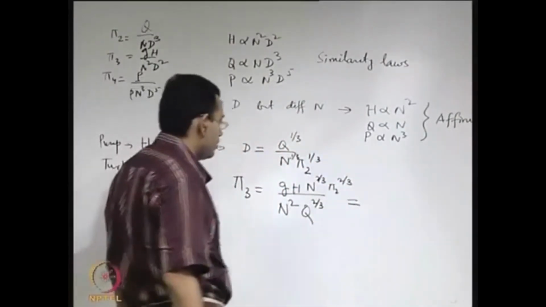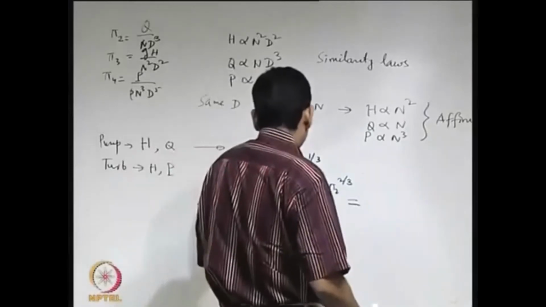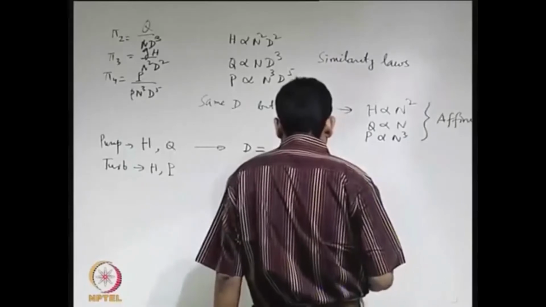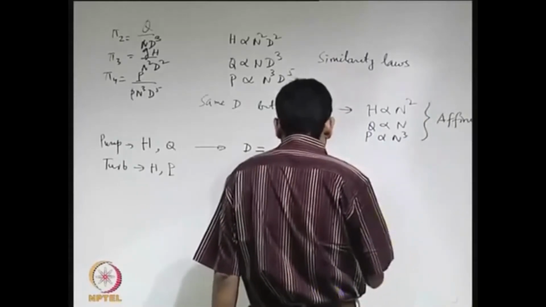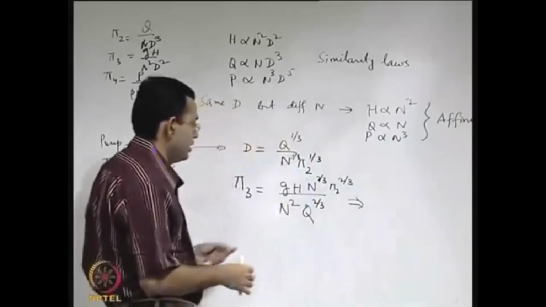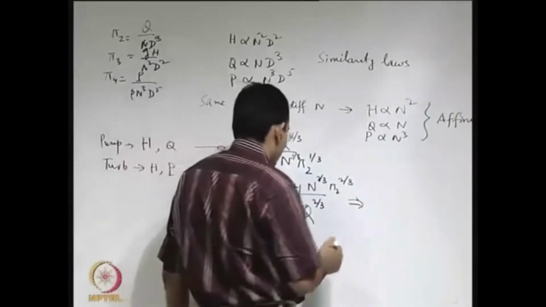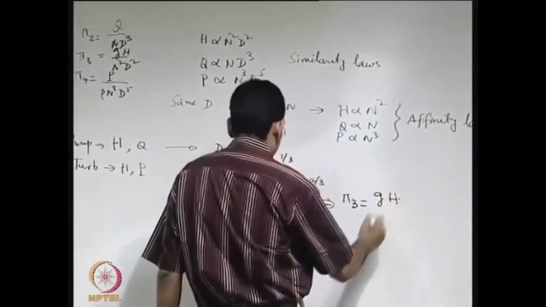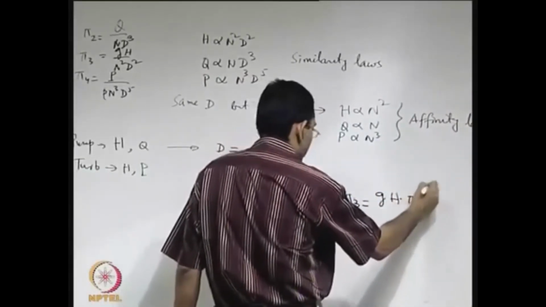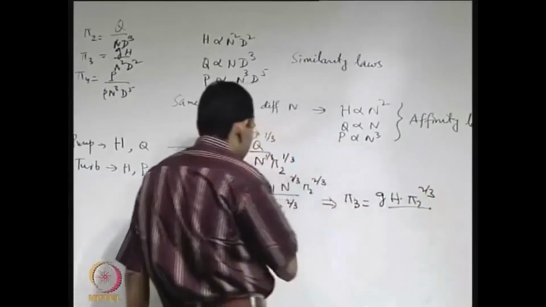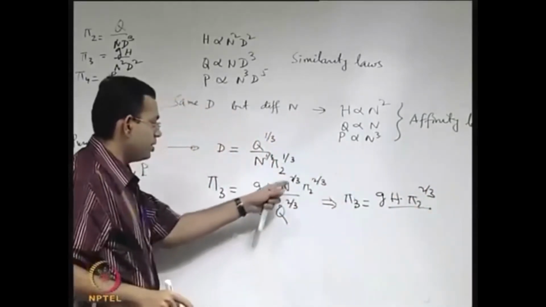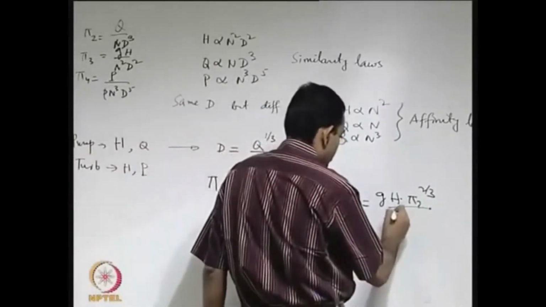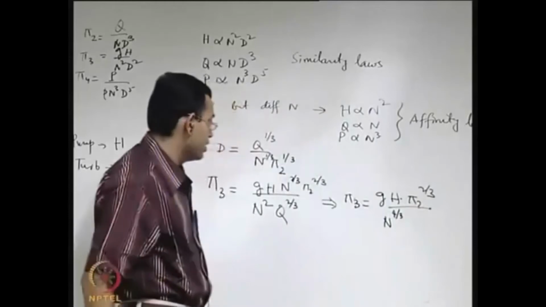So, what we get out of this is, let us say that we want to write a non-dimensional number involving pi 2 and pi 3 where D is eliminated. It can be written in many ways, but first let us simplify this one. Pi 3 is equal to GH into pi 2 to the power 2/3 divided by N square, and then N to the power minus 2/3. So, N to the power 4/3, right, and Q to the power 2/3.